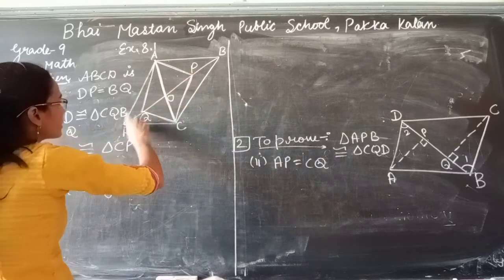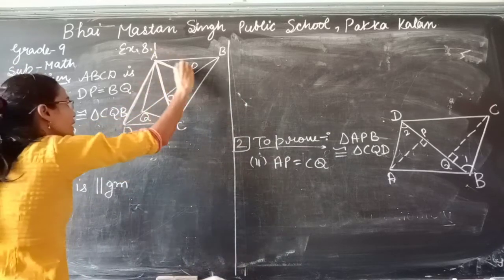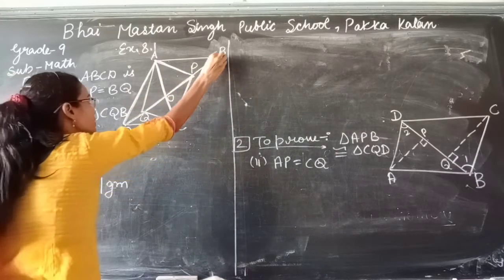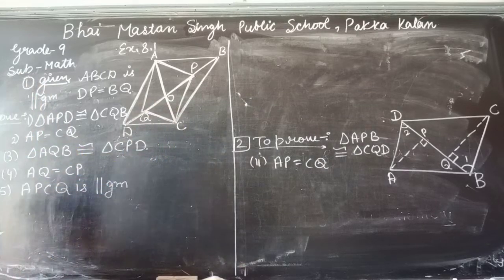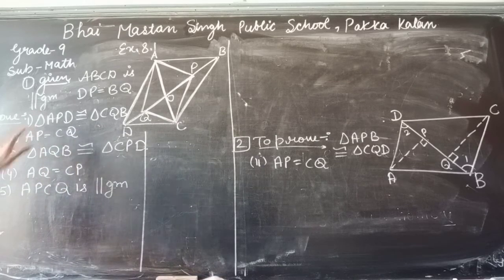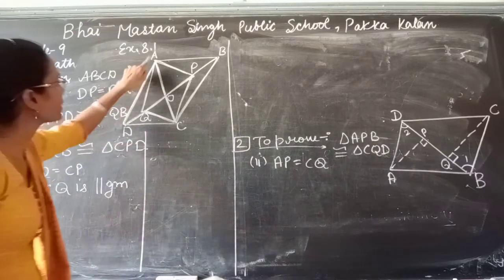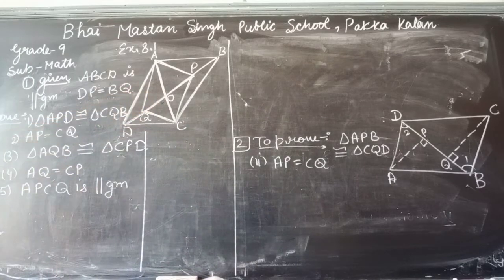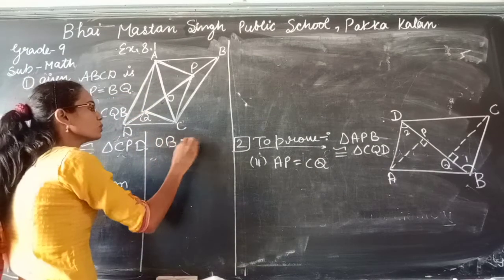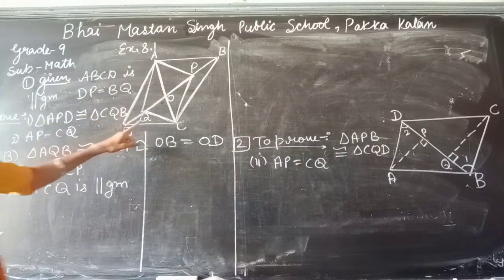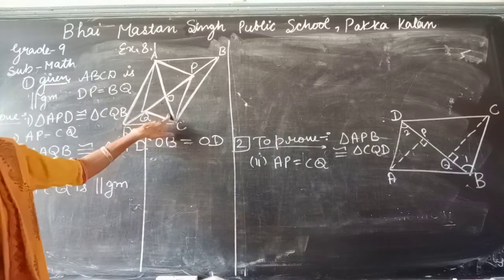This triangle APD is congruent to CQB. Firstly I am going to write some proof which I need. AC and BD bisect at O. These are two diagonals. So firstly OB is equal to OD, because in a parallelogram diagonals bisect each other.